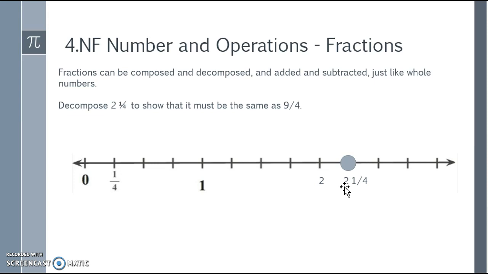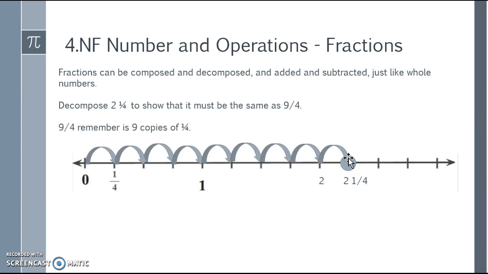Let's see if we can show that that is the same as 9 copies of 1/4. So if I know from each distance is 1/4, 2/4, 3/4, 4/4, 5/4, 6/4, 7/4, 8/4, 9/4. So 9/4 is 9 copies of 1/4. I hop over 9 times, and sure enough, I land at the same location.